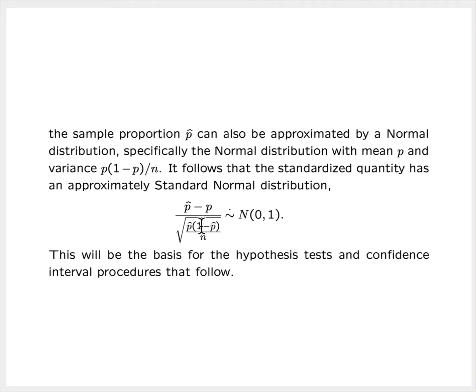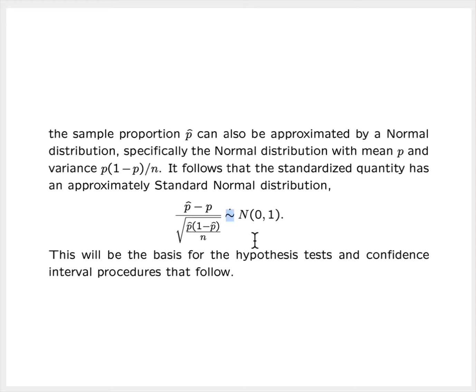We're approximating the sampling distribution of p hat by a normal distribution with the appropriate mean and variance. But we also have an estimation step going on here because we're estimating the standard error. So we see here that this is not an exact distributional representation. This is an approximation.